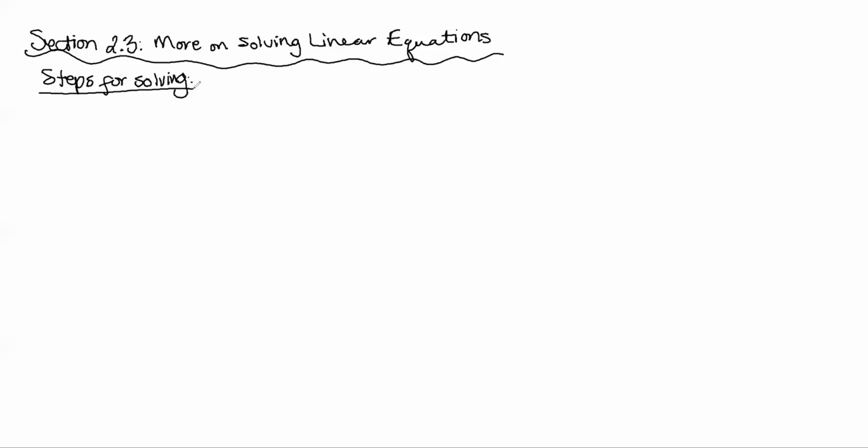First thing you always want to do, and this is something we saw last time, is to make sure that you simplify completely first. That's just so you don't have to keep moving things around and end up with a bunch more steps than you need. So first, remember to always distribute first or clear parentheses.